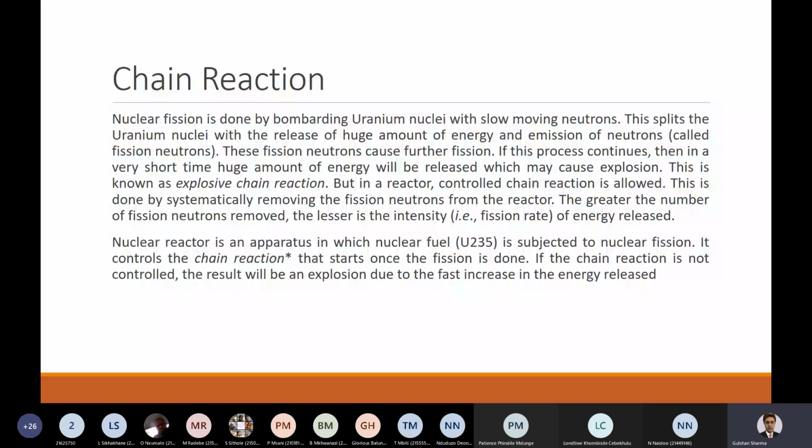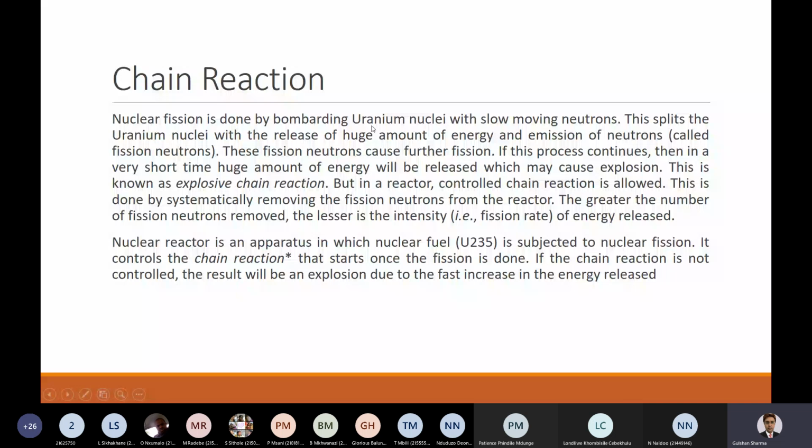Now you see, guys, it's very important, that is the chain reaction. Nuclear fission is done by bombarding uranium nuclei with slow moving neutrons. That's very important, guys.